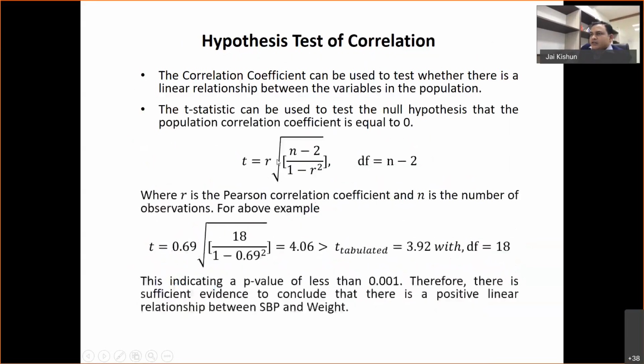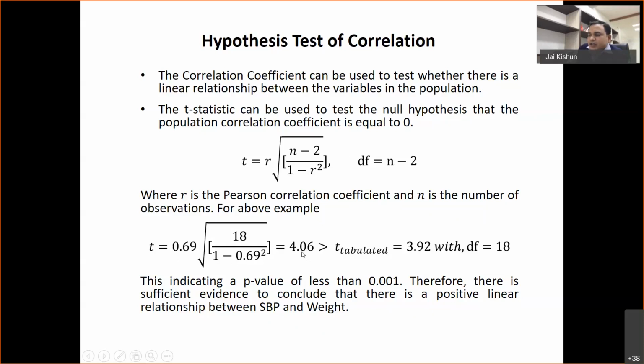Otherwise, you can also estimate it using the t statistic with this formula. R is the Pearson correlation coefficient, and n is your number of observations. For the above example, you can put n as 20, so 20 minus 2 is 18, and R is 0.69. When you put this in, you will get this t value.